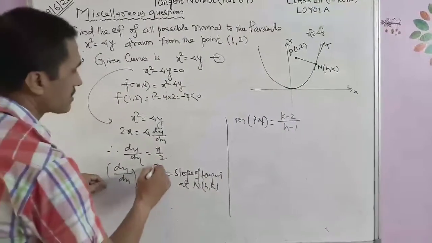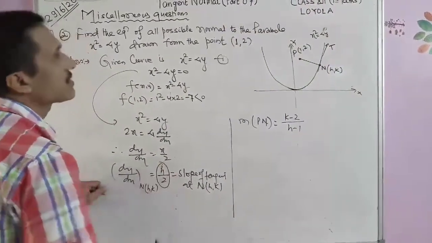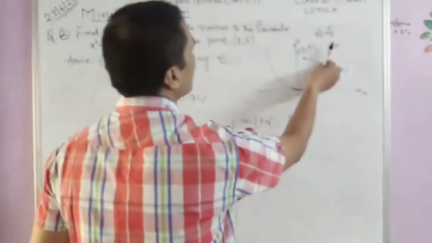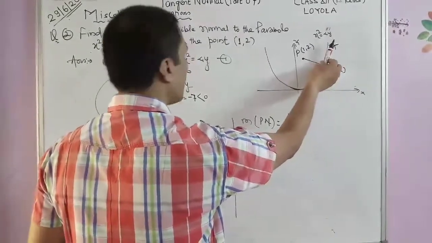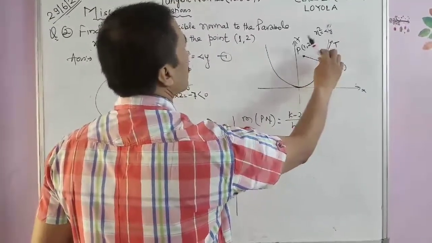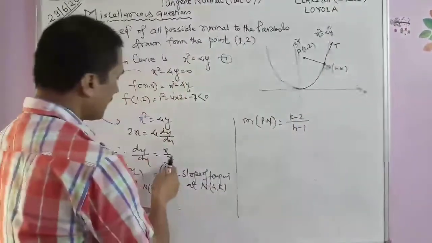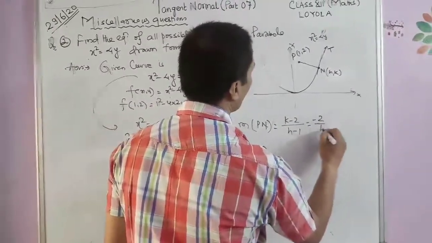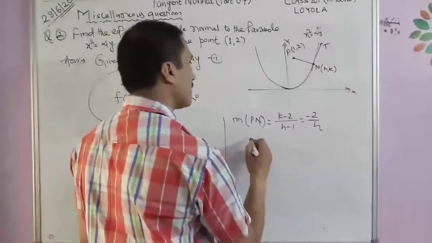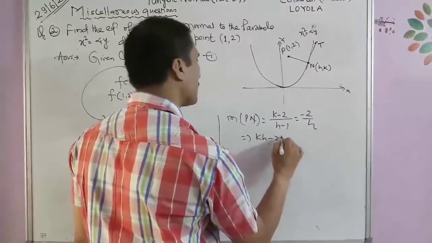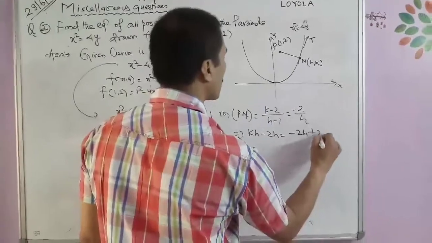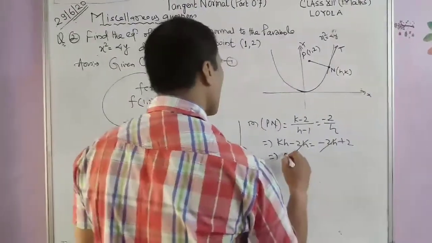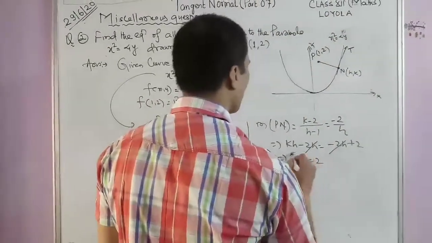Here h/2 is the slope of the tangent at point N. So the slope of PN will be its negative reciprocal, minus 2 by h. Clearly, minus 2 by h equals (k minus 2) over (h minus 1). This implies kh minus 2h equals minus 2h plus 2, so kh equals 2.